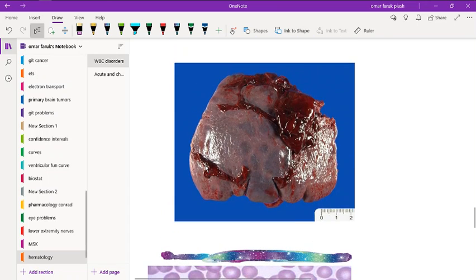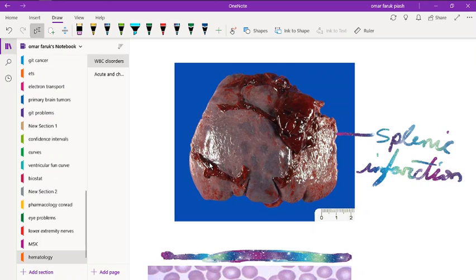This is the picture of splenic infarction, and splenic infarction happens in EBV, Epstein-Barr virus. This is a complication of the Epstein-Barr virus.